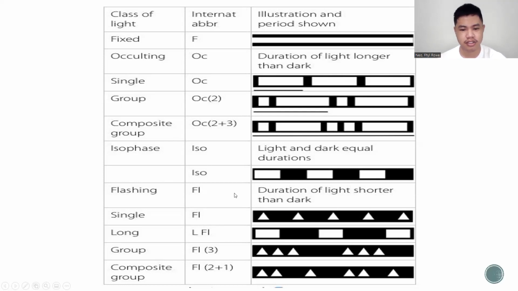Now the flashing: duration of light shorter than dark. So it's basically like this. Then the group flashing, and its international abbreviation is FL3. So 1, 2, 3, this is the flashing. Then the dark, then flashing again.